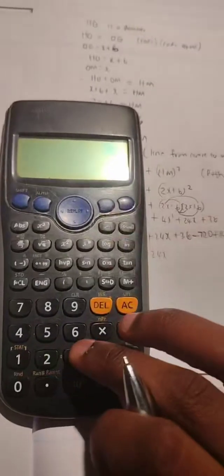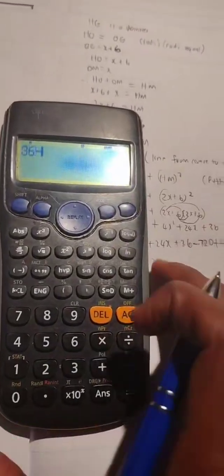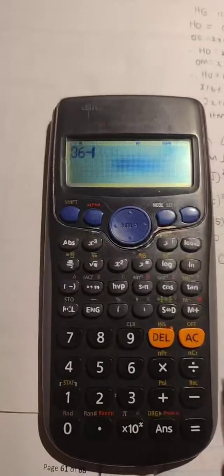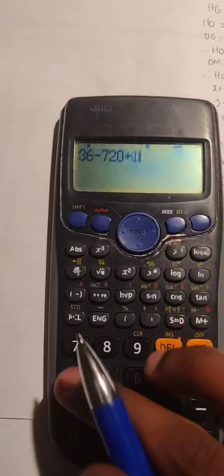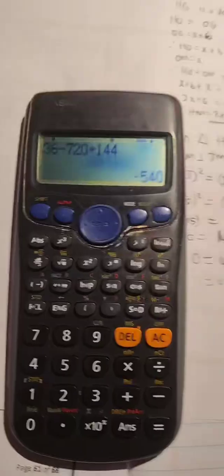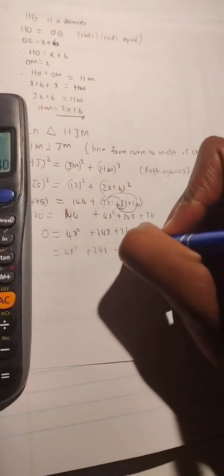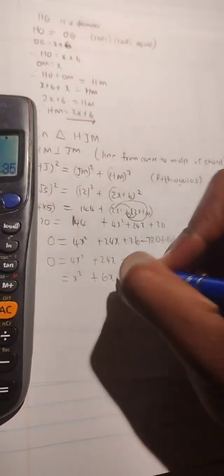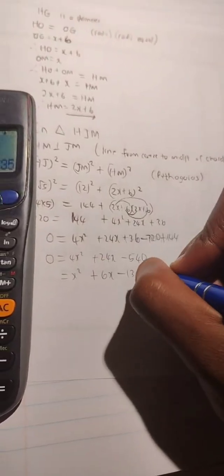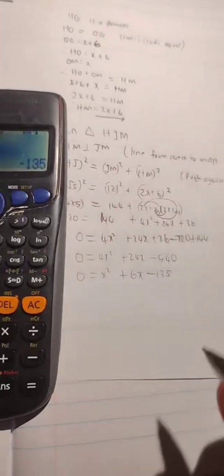What's 36 minus 720? Let's grab this. See, I just wanted you guys to do the work for me. Minus 720 plus 144 is minus 540. Then we get x squared plus 6x minus 135.